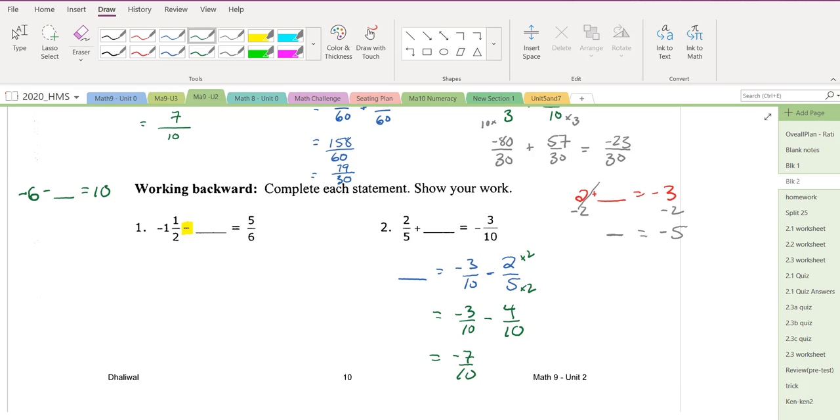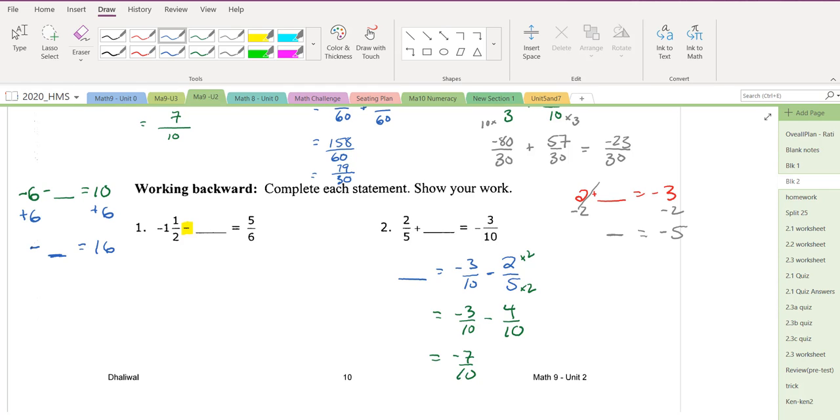Anybody? How do you move the, yes? 10 plus -6. So we add 6 to both sides, right? The -6 and +6 cancel out. And this is equal to 16. So is our answer 16?